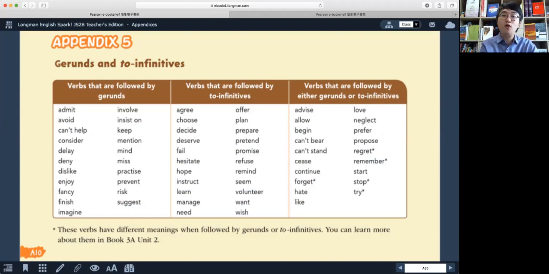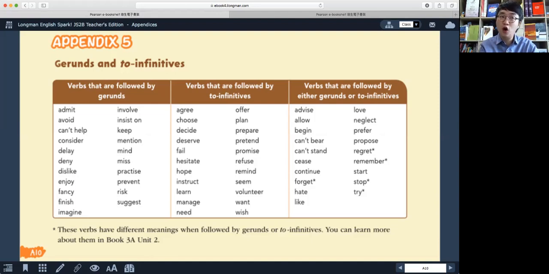So what about verbs in the last column? These are verbs which can be followed by either gerunds or to-infinitives. Both verb plus ing and to, and then a verb are fine.